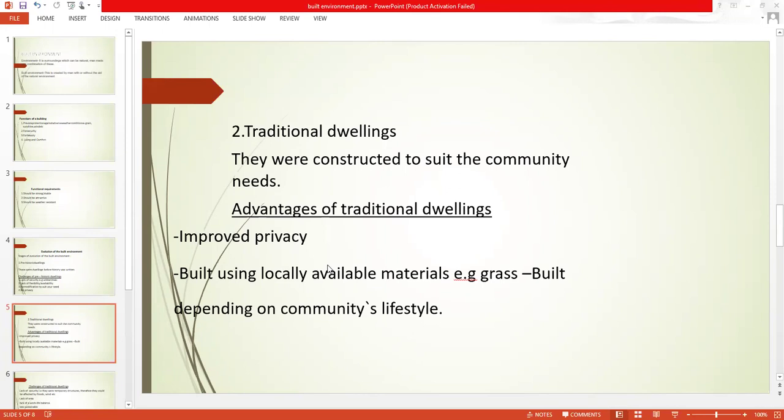It has improved privacy compared to the prehistoric dwellings. Then number 2, it is built using locally available materials such as grass. Others can use timber. Others can use mud. Then it depends on the community lifestyle.